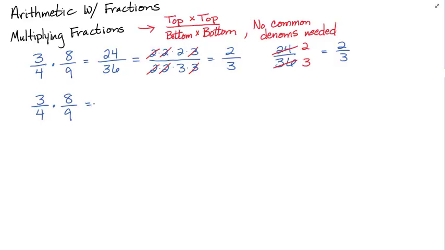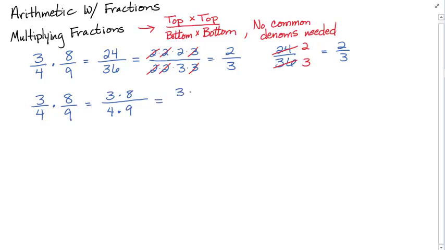So the way I would suggest you do this is, we say, okay, we know we're going to get a 3 times 8 on the top and a 4 times 9 on the bottom. If I were to multiply those, that's what I would get. Do not multiply those. Remember, we're going to simplify before we multiply.